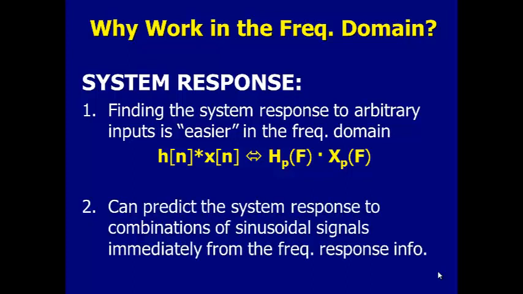And also, if I have a frequency-based picture of the response of a system, then I basically have a lookup table for figuring out how the system is going to respond to any sinusoidal signal that I put in. If I put in frequency 5, I can look up frequency 5 in my frequency response and see what the system's going to do.